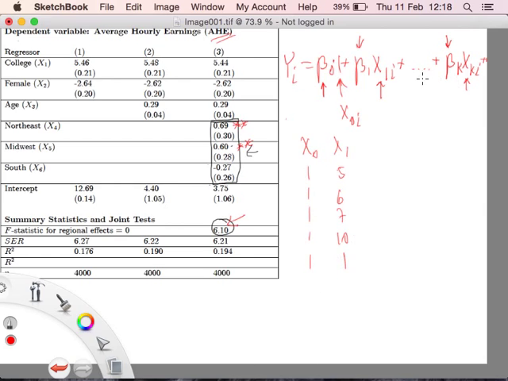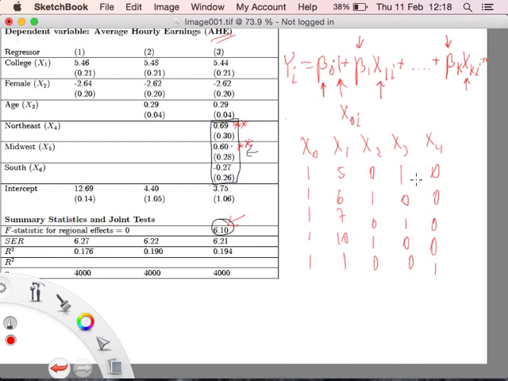Now assume that we have three dummies, so basically three categorical variables: x2 is 0, 1, 1, 0, 0; x3 is 1, 0, 1, 0, 0; x4 is 0, 0, 0, 0, 1.